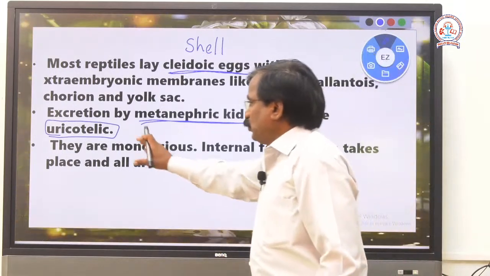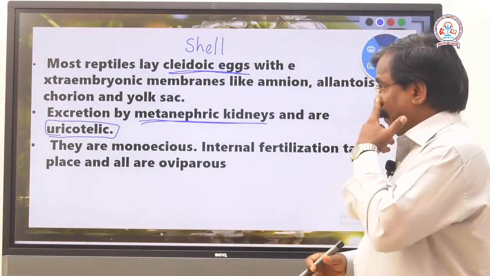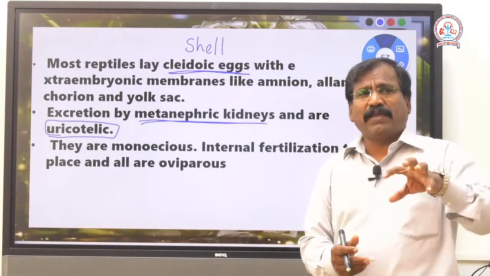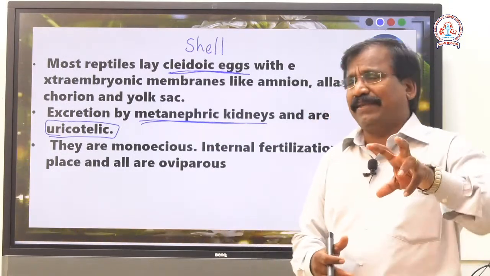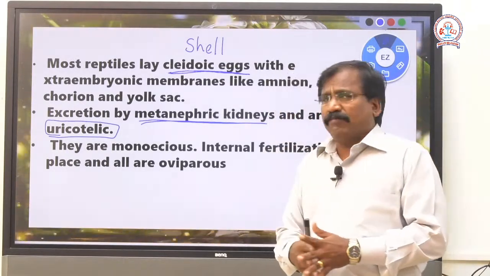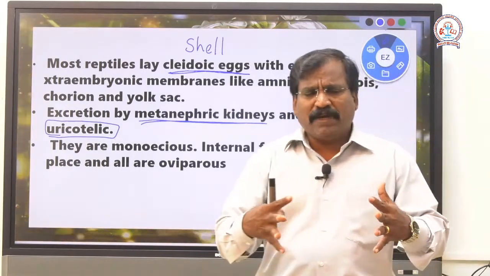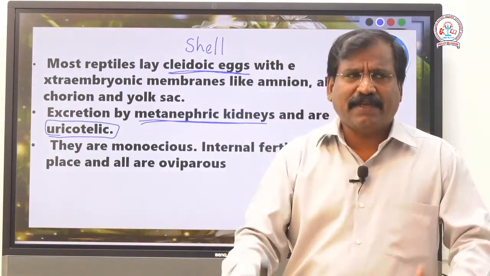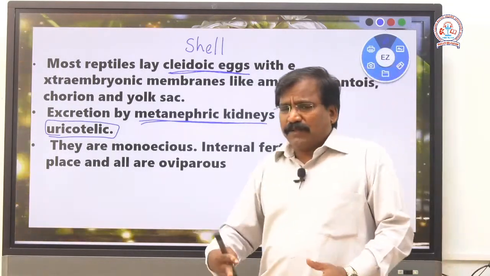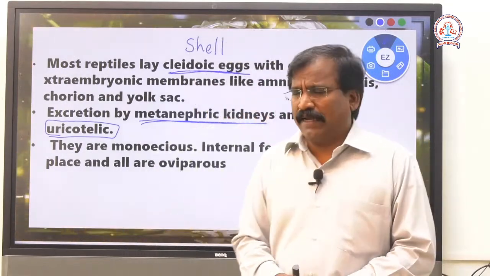So at this point, you focus a little. Sir, I don't understand. You said ammonotelic, ureotelic, uricotelic, I have a little bit of confusion. Okay. So during metabolism, that is, metabolism is nothing but the sum of the chemical reactions that take place inside the body. During metabolism, some harmful substances are produced as byproducts.